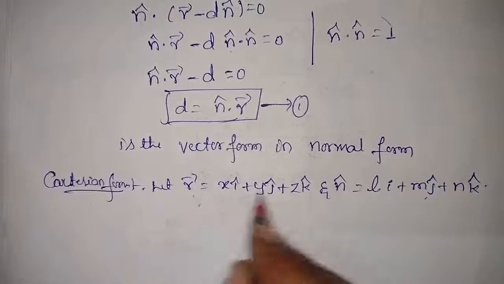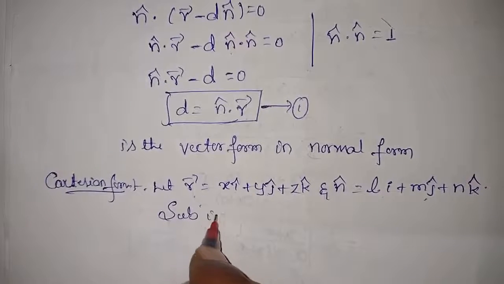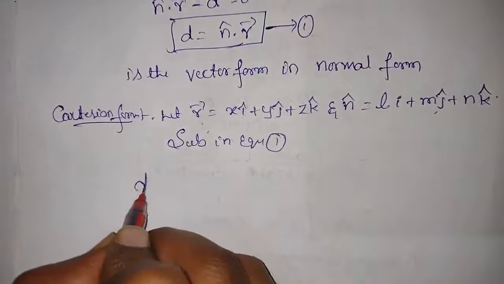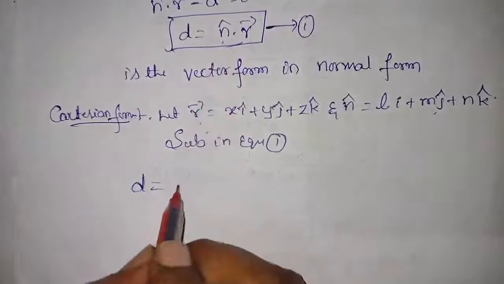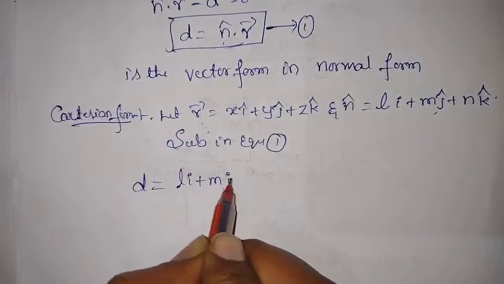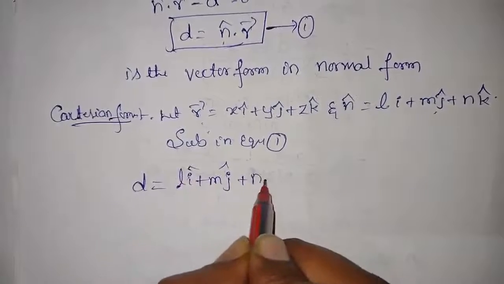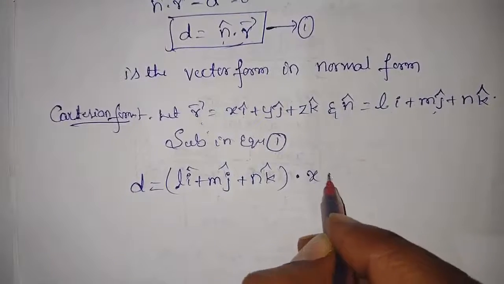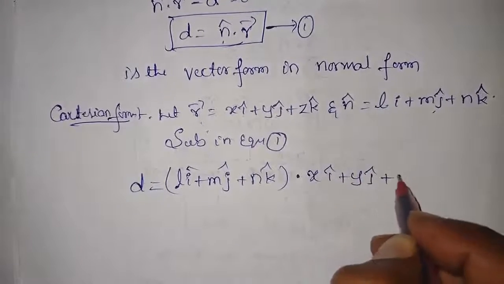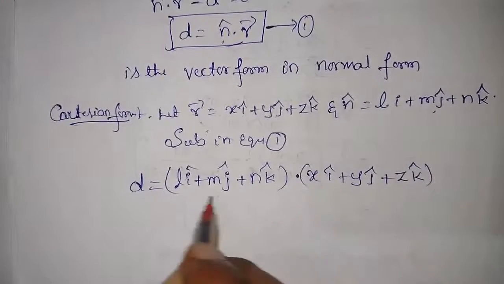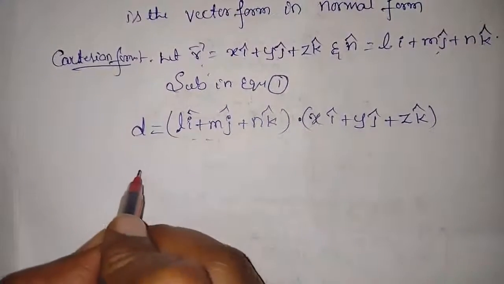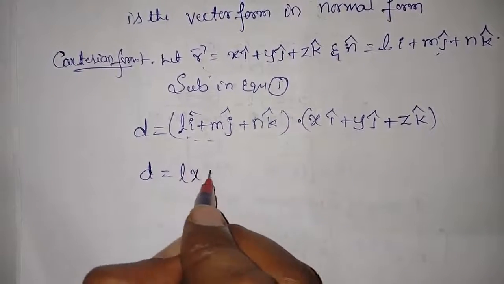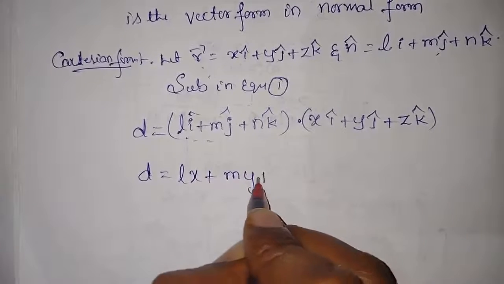Substituting these two, r and n cap, in equation number 1, we will get d equals n cap, that is li plus mj plus nk, dotted with the position vector r, that is xi plus yj plus zk. Multiplying these two vectors, we will get the distance d equal to lx plus my plus nz.